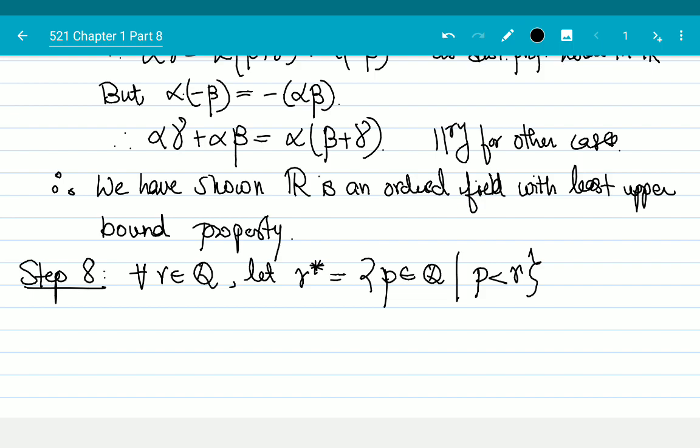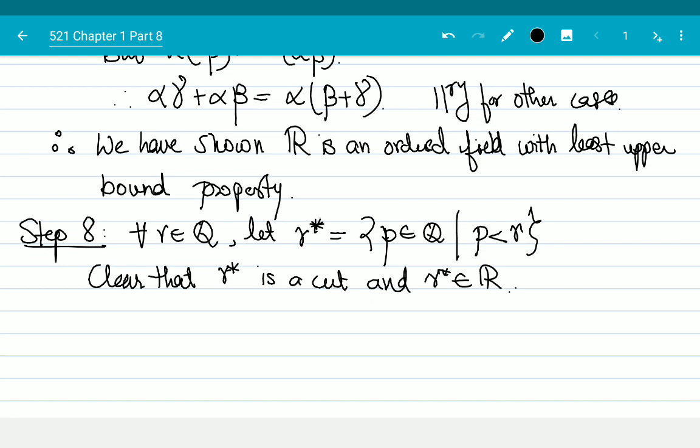Okay, then it is clear that r star is a cut, and r star belongs to R.